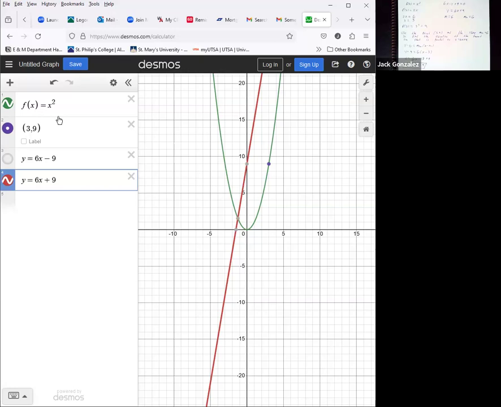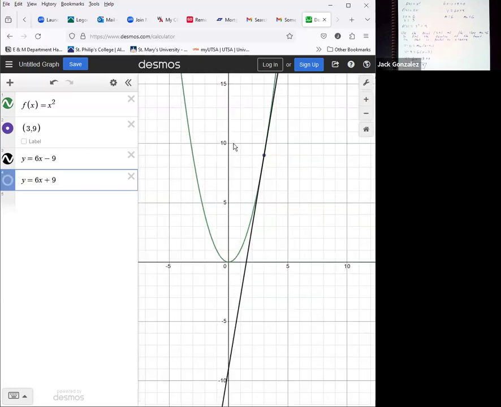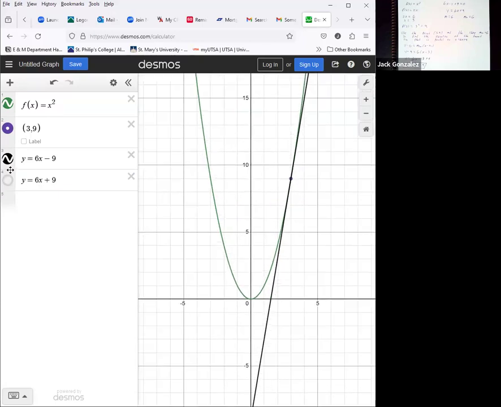Okay. Once you have the slope and the point, you will find the tangent line. So this line is tangent to that point and parallel to the red one. That's what we did. We found the equation of the black line here by figuring out the slope of the red line, using the slope to find the point by using the derivative.